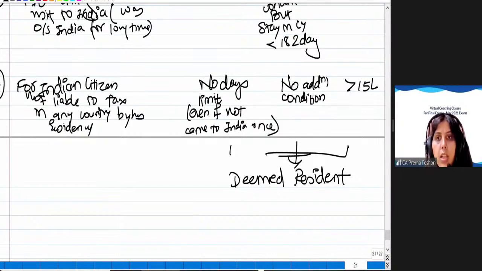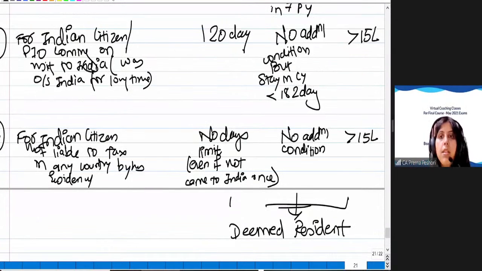So why can't we consider RNOR? It is RNOR, Rohita. This is RNOR.